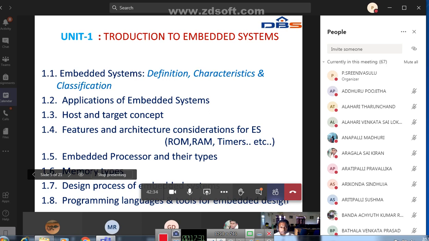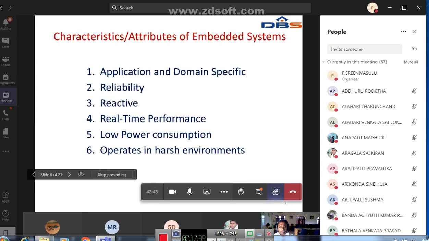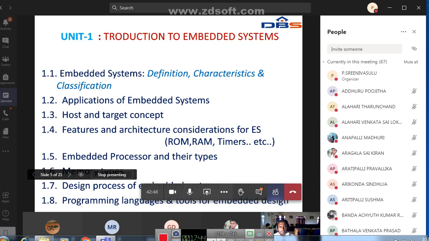First we will start with unit 1, the introduction. Here some spelling mistake is there. Introduction to embedded systems.